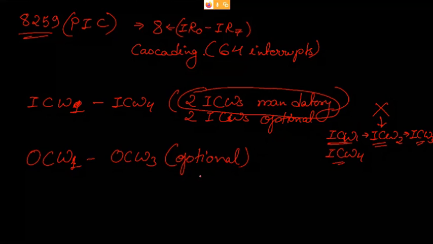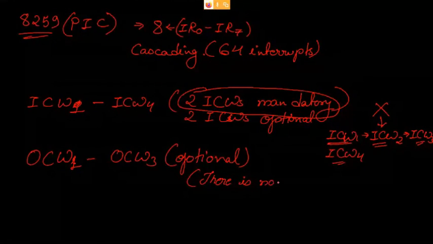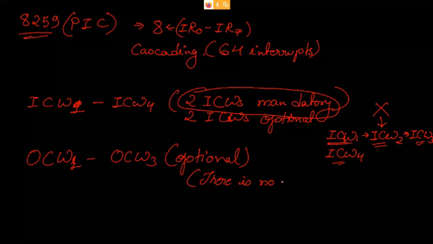But in case of OCW, it is allowed. That means there is no sequence. It is not mandatory that you start with OCW1, then OCW2, then OCW3. You can change this sequence.